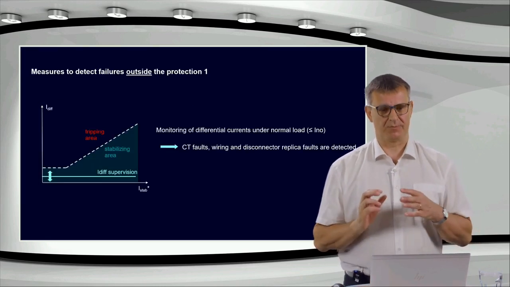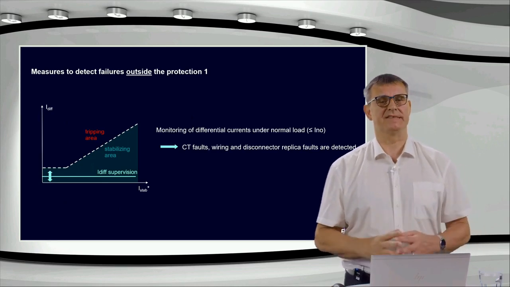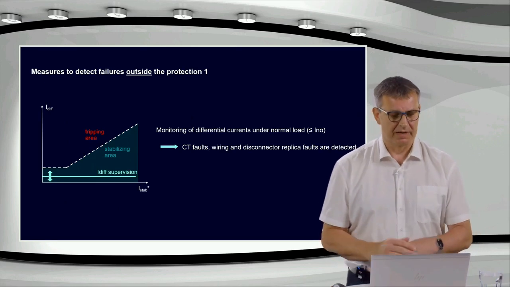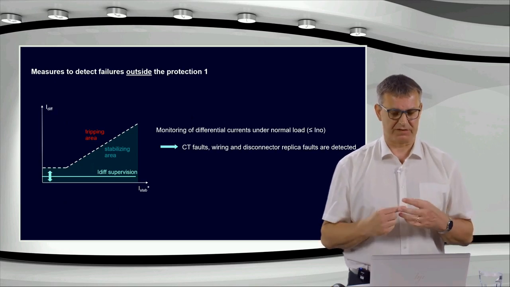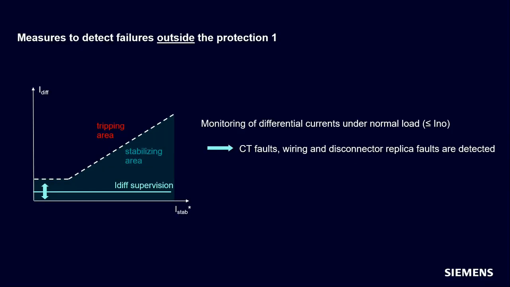A little bit of a repetition from the second tutorial, when I explained the busbar differential algorithm. A measure to detect failures outside the protection itself: that's this monitoring of the differential current under normal load.